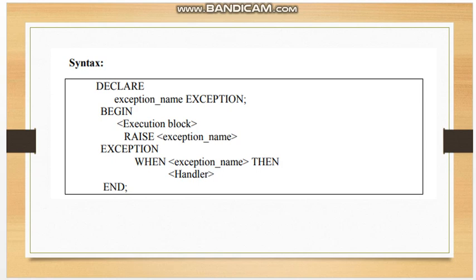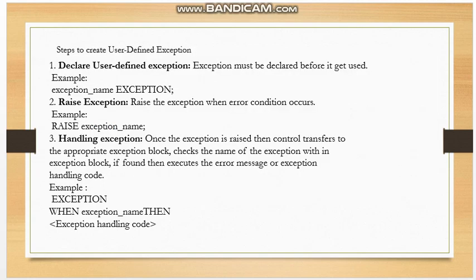Then we write the RAISE keyword for raising the exception. Once the exception is raised in the execution section, in the exception section we will be able to handle it. This is the handler, which gives the message we want to show the user when this particular user-defined exception runs.